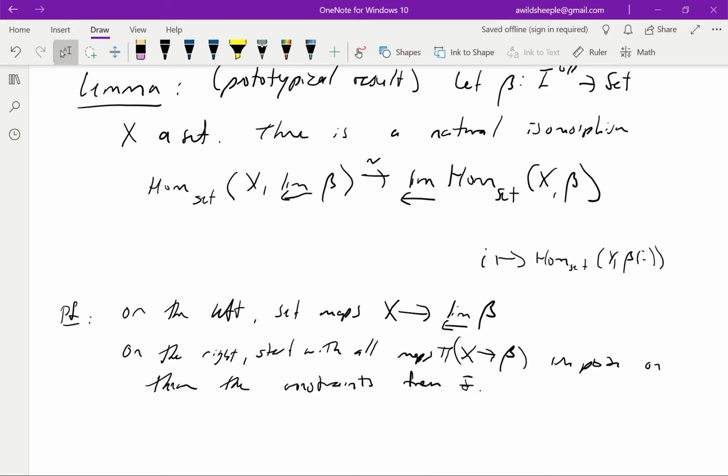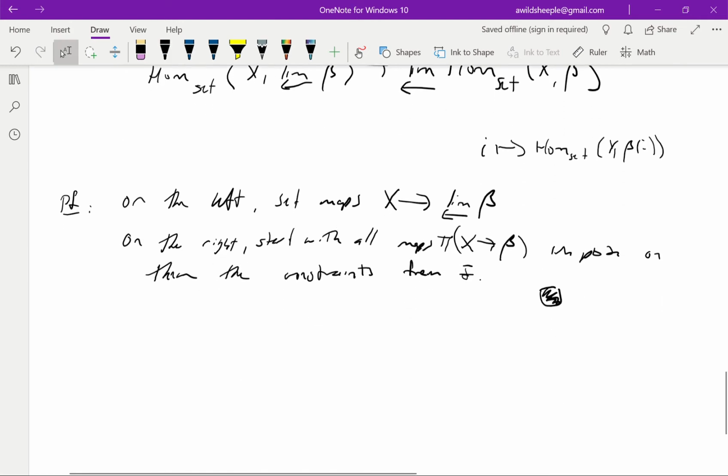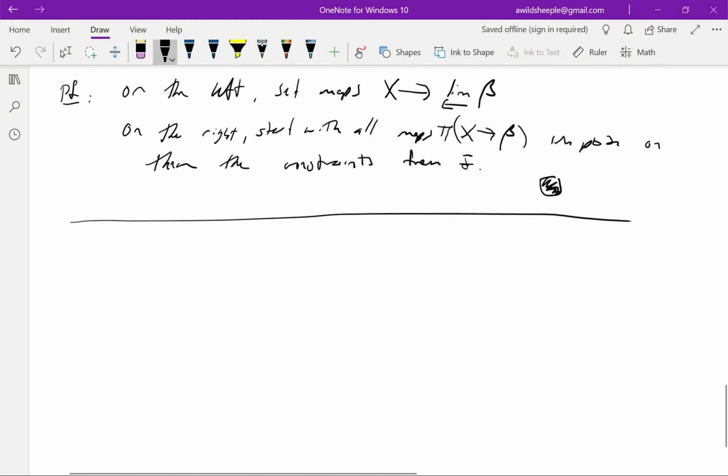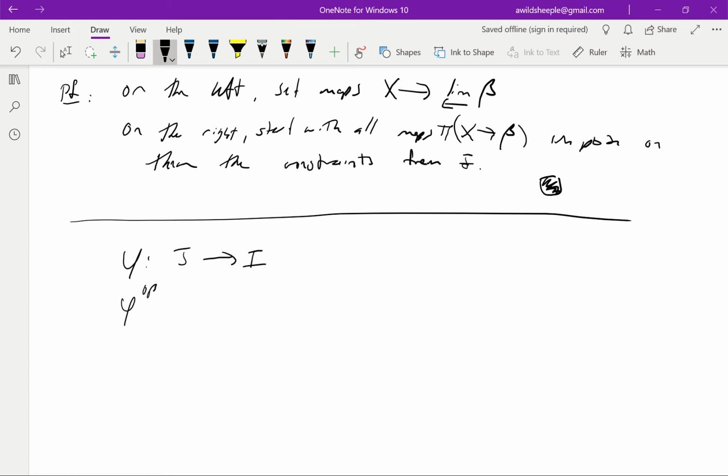Now, I'll put a little box. We also have some ability to compose for these limits. So if I have a φ, some functor, J to I, between two small categories, then I can set up the opposite functor, φ op, J op to I op.